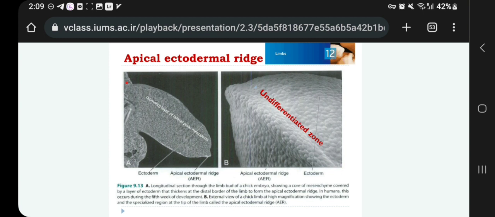About the fourth week, most of the organs start their formation. For example, the limb, the respiratory system, the liver, the gut, all of them start their formation.